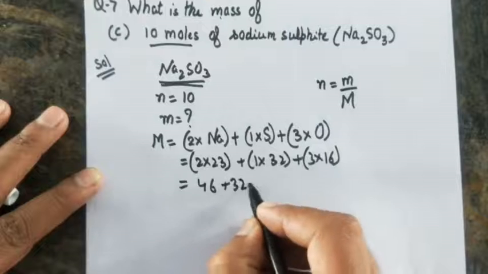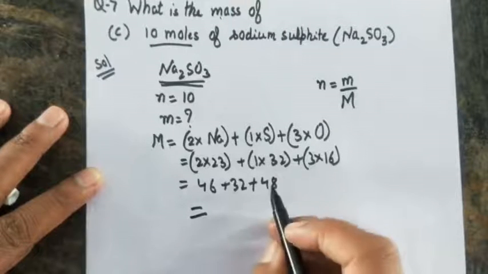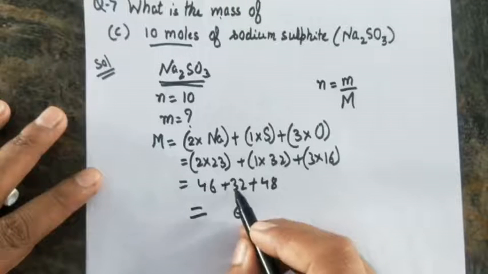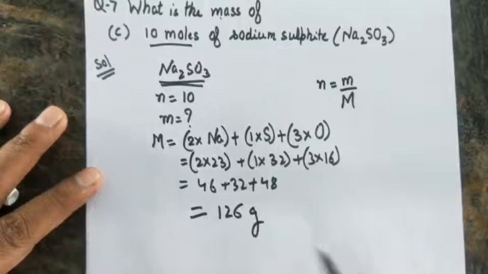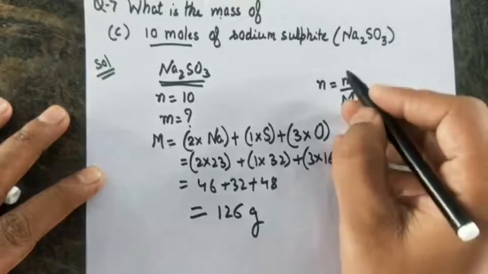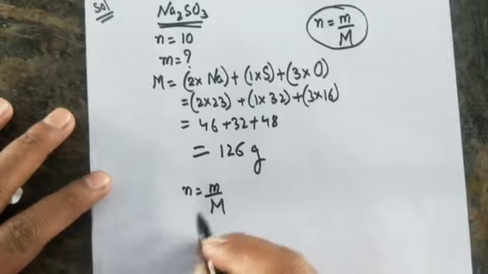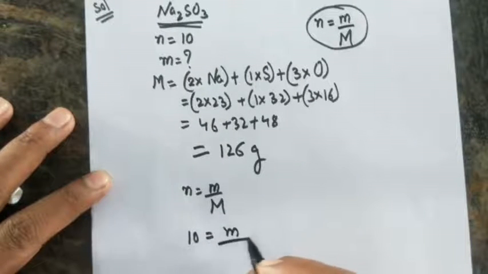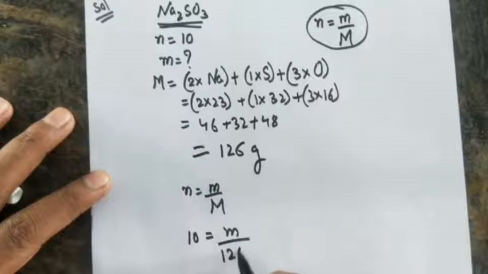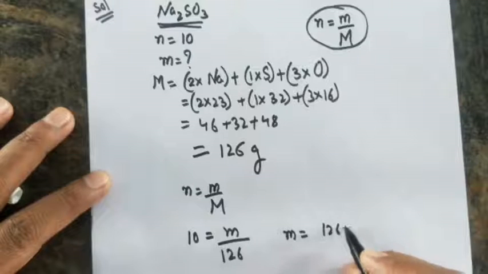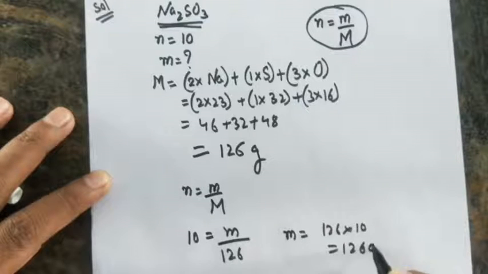On further solving, it comes out to be equal to 126 grams. That means molar mass of sodium sulfite is 126 grams. Therefore, using this formula, small n is equal to small m upon capital M, substituting the values of n, that is 10, small m we have to find, and capital M comes out to be 126. That means mass will be equal to 126 into 10, that is equal to 1260 grams.